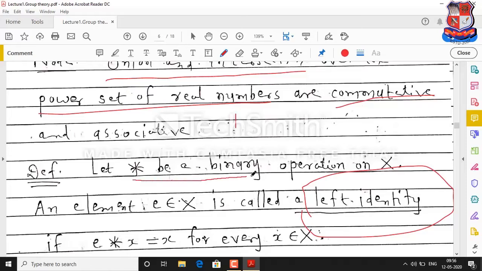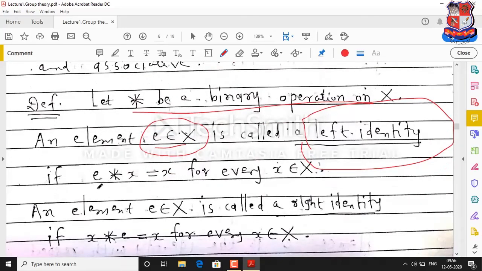So suppose star is a binary operation on X. Now if I can find some unique element in the given set such that if I consider the operation of any element with that unique element, then I get this element back. I am getting x back here, and this must be true for every x.